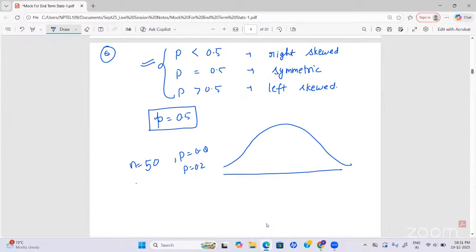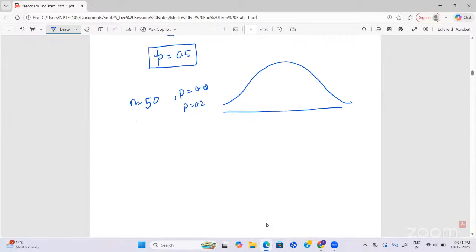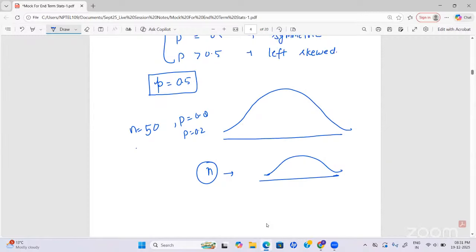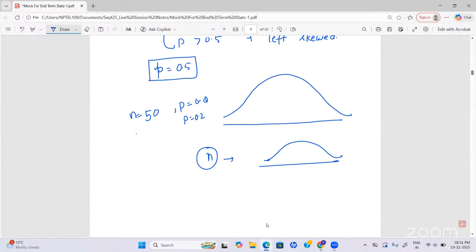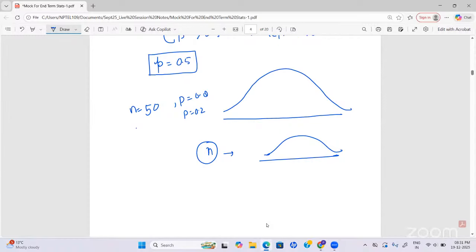So in that case, if you increase this n, then binomial distribution tends to be normal distribution. It has the property of normal distribution if you increase the value of n in the binomial distribution. Ma'am, as we studied in hypergeometric, like N minus n upon N minus 1, where we increase the capital N to infinity, then that will become 1 and it will behave like a binomial.